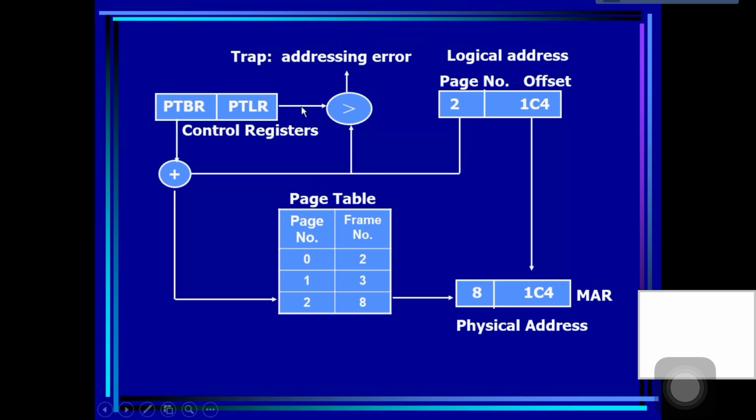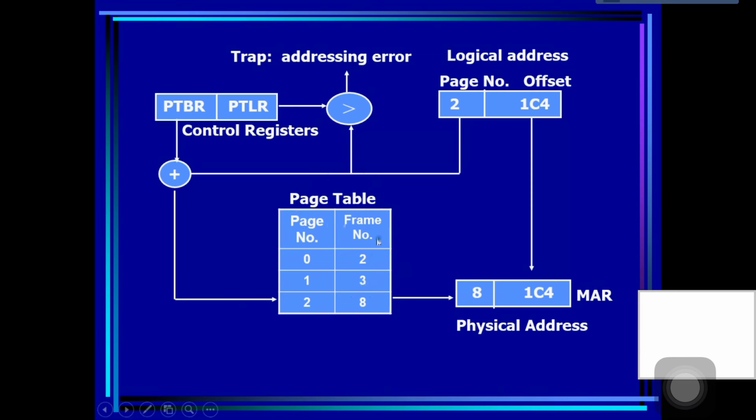abnormally. And if the logical page number is valid, then the hardware will take the page number and the content of the page table base register and add them together to find the entry in the page table in main memory. You must know this page table is in the main memory.